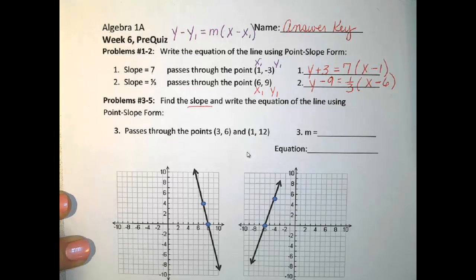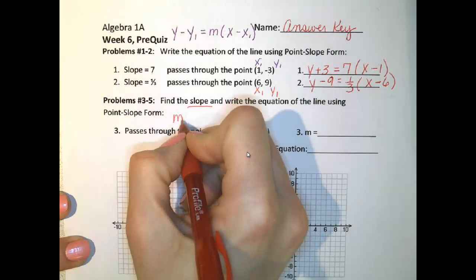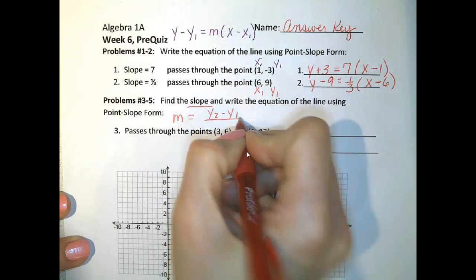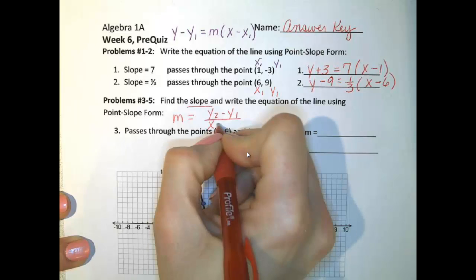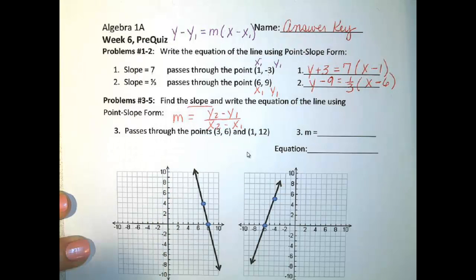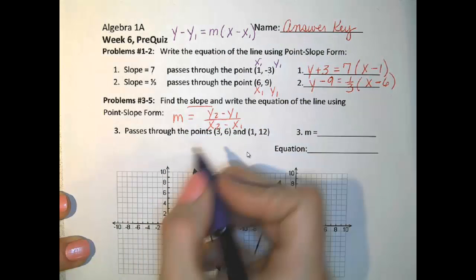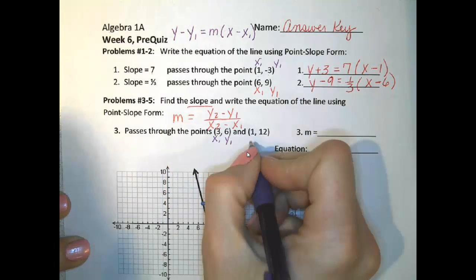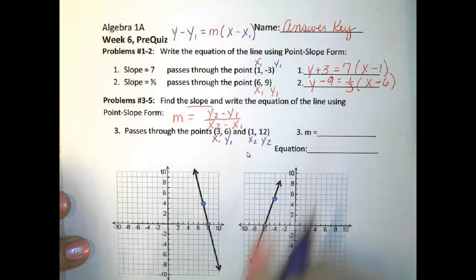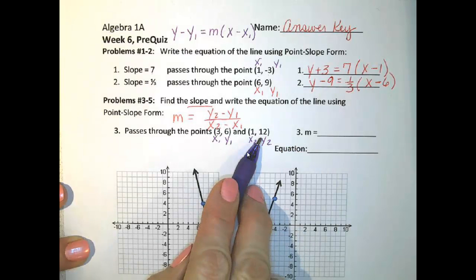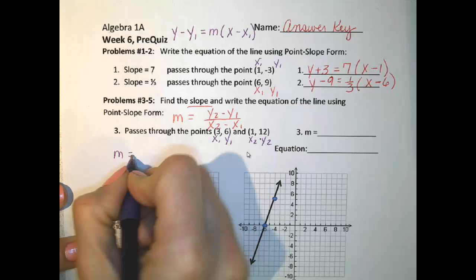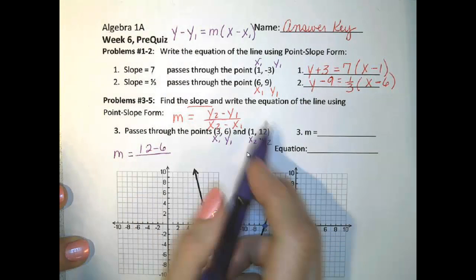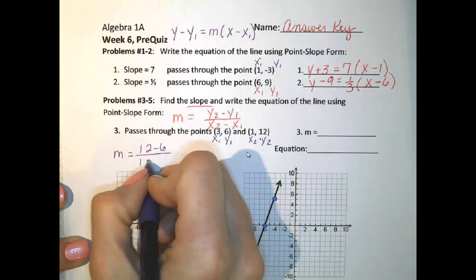So we're going to use the formula m equals y2 minus y1 over x2 minus x1. So in this example, x1, y1 is the point (3, 6). x2, y2 is the point (1, 12). So that means my slope will be 12 minus 6 divided by 1 minus 3.